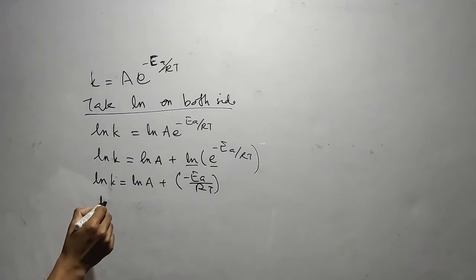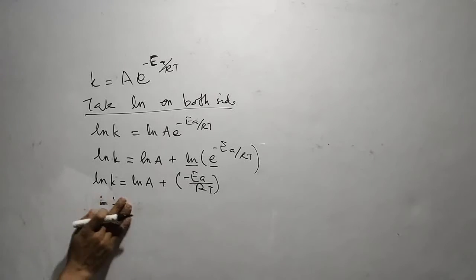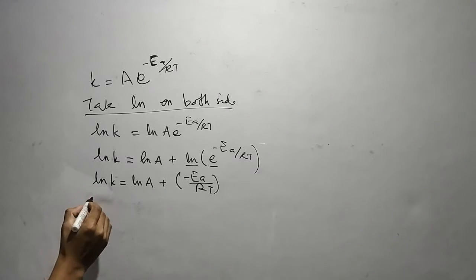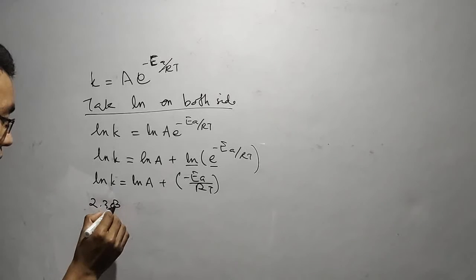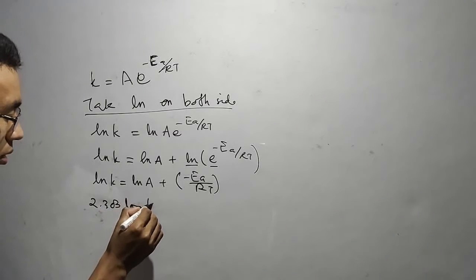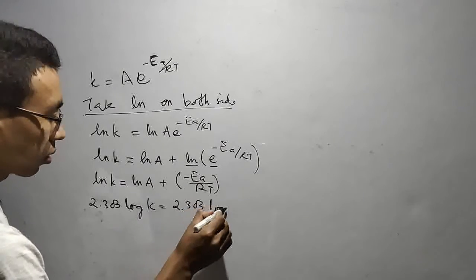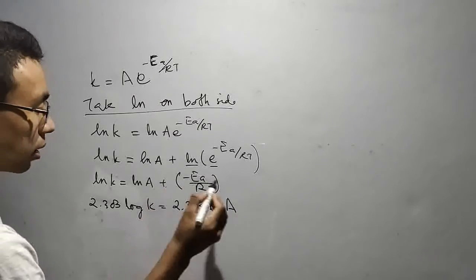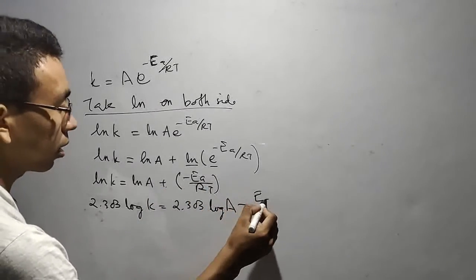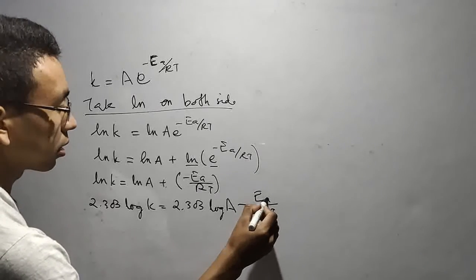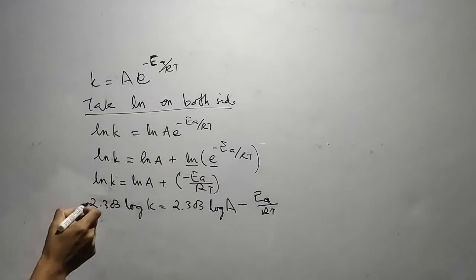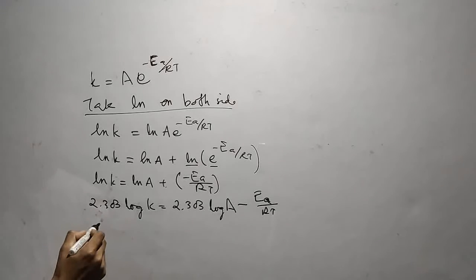Then instead of ln k, let us change this to 2.303 log k is equal to 2.303 log A minus Ea by RT, isn't it? Now we shall divide both sides by 2.303.